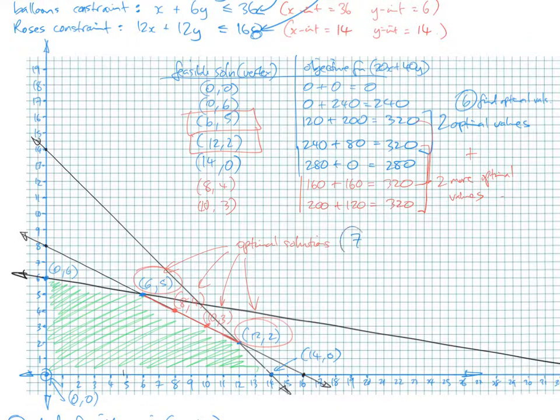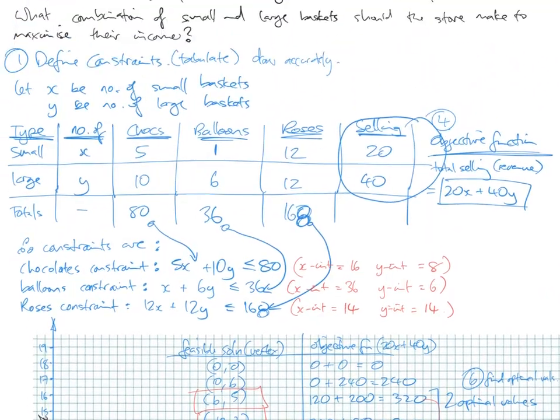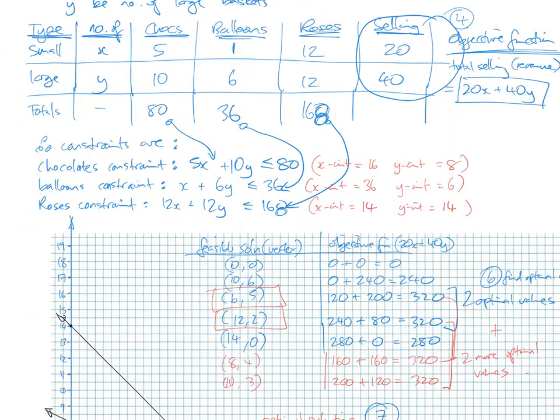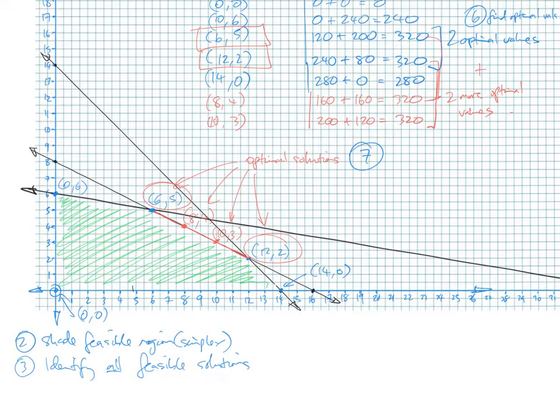Step 7, we need to answer the question in sentence form. What were we asked to do in the first place? How do we maximize income? Therefore, to maximize income, the store can sell the following combos of large and small baskets.